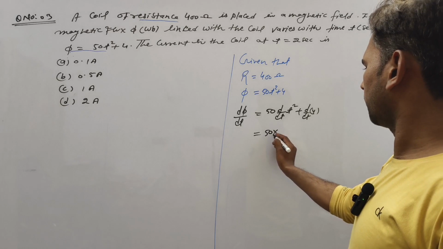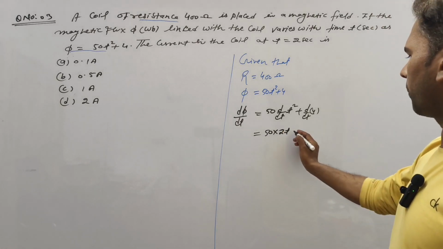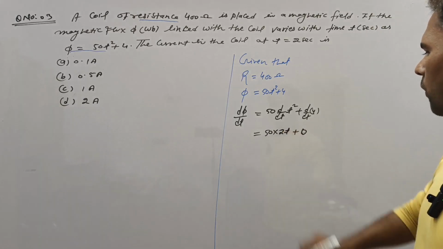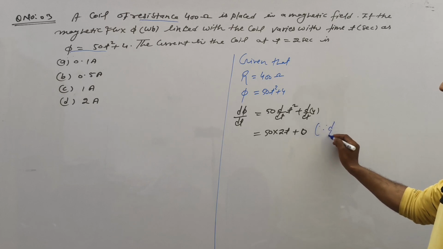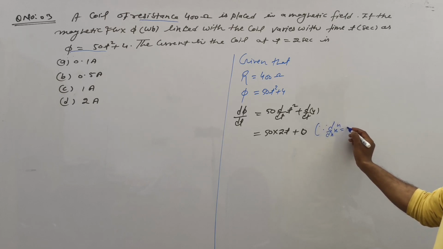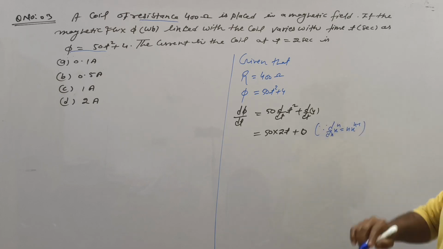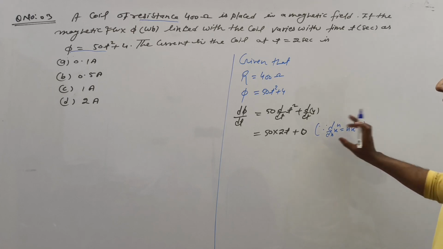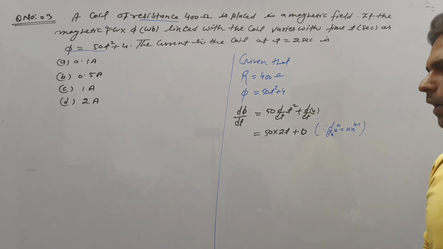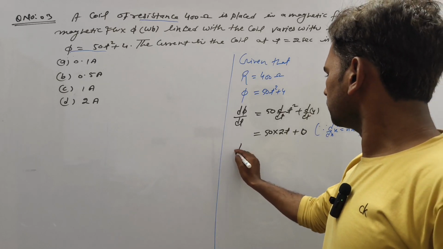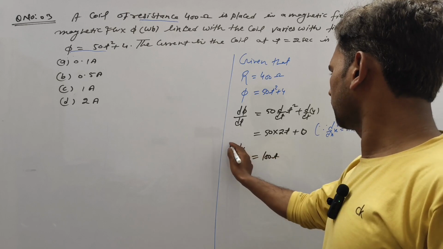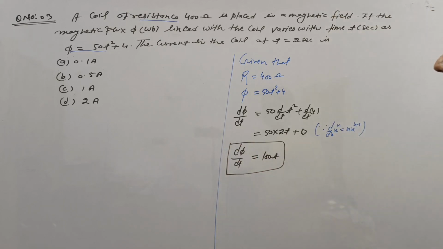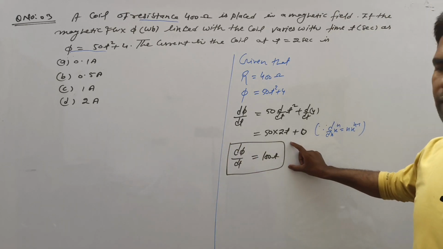It will be 50 multiplied by 2t plus 0. How does it come 2t? You can apply one formula here: d by dx of x power n gives n x power n minus 1. With the help of this formula you will get the answer. Now d phi upon dt will be 100t. So 100t is the value of change in magnetic flux.